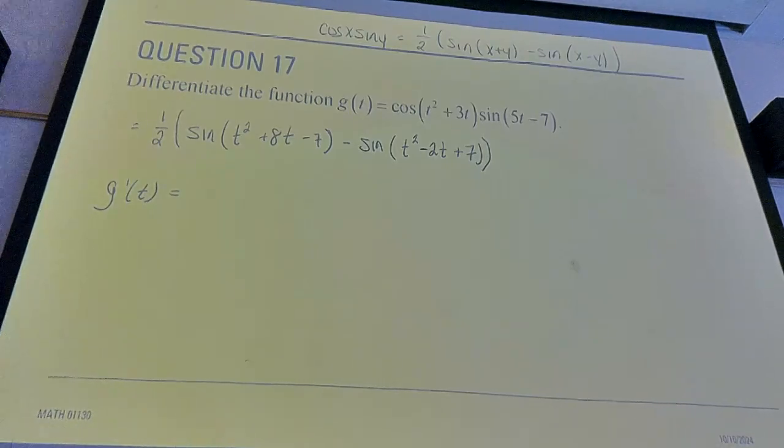What kind of function is that now? When we distribute that, we're just going to turn that into a difference.